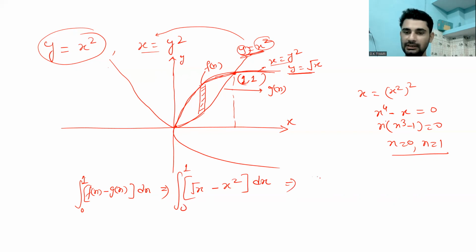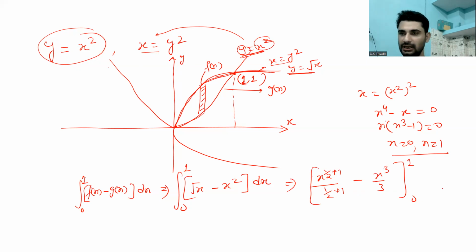Root x integration is x raised to 1 by 2 plus 1 divided by 1 by 2 plus 1, minus x cube by 3. Now put the limit. It will be x to the 3 by 2, times 2 by 3, minus x cube by 3, limit from 0 to 1.